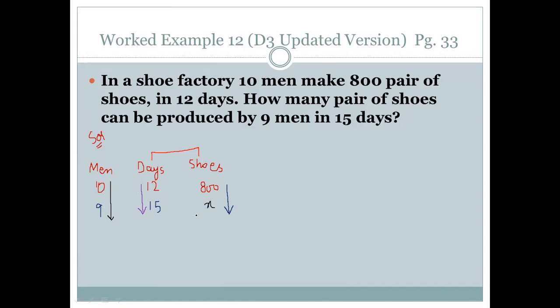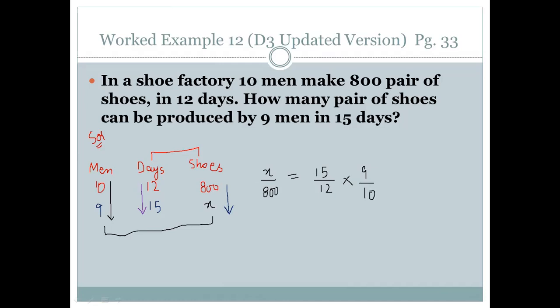What we have to do next is that where there is the unknown, we have to keep it on the left of the equal to sign, and make sure where there is an arrowhead, it should be in the numerator and the other value in the denominator, like x upon 800 equal to 15 divided by 12, multiplied by 9 divided by 10.